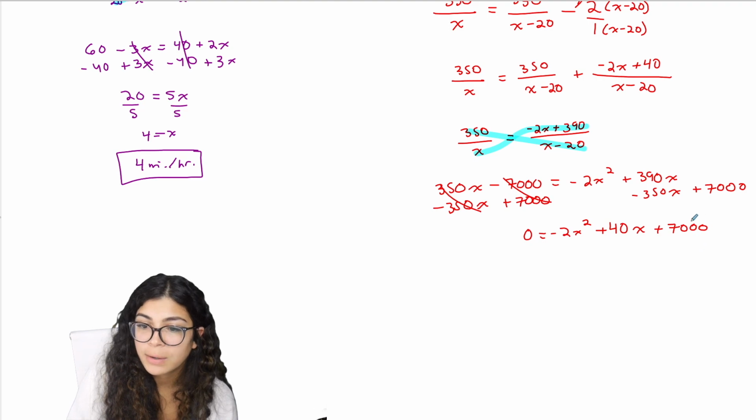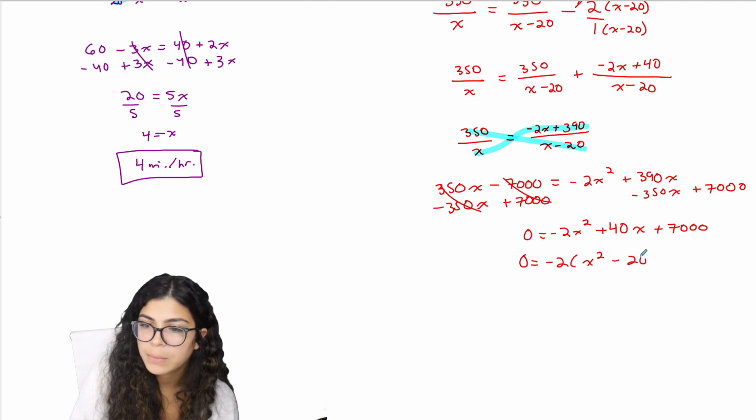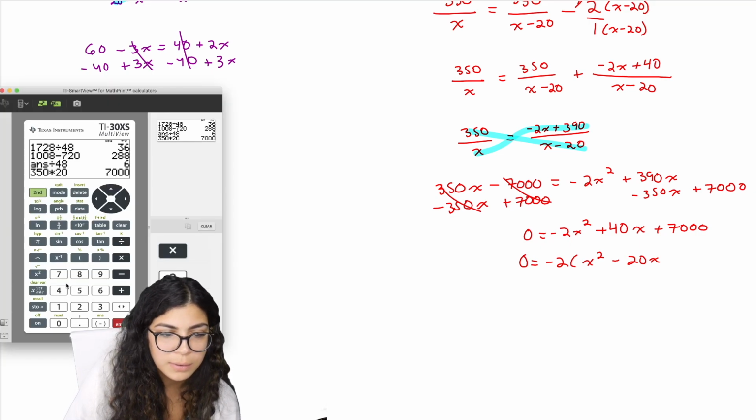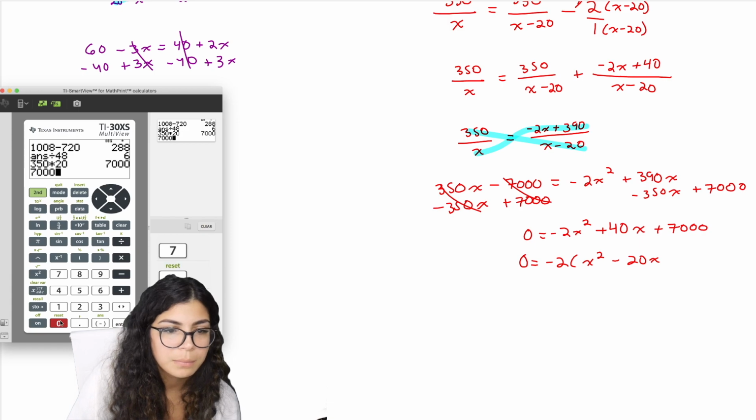I believe we can factor out a negative 2 from all of these, so let's go ahead and do that. So we get X squared minus 20X, and then 7,000 divided by negative 2, I believe, is 3,500, but I will just verify. Yep.